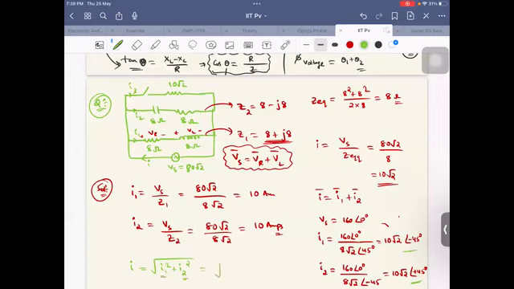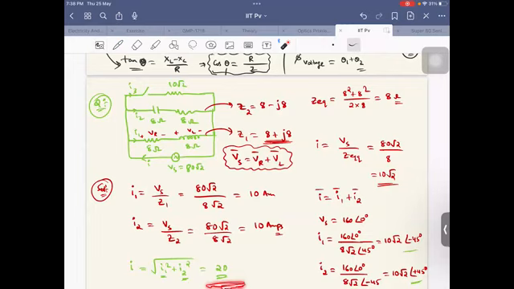So under root of 10 root 2 whole square plus 10 root 2 whole square. 10 root 2 into root 2 is 20. Sir, we got a wrong answer; here we got 20 and earlier we got 10 root 2. Is the answer we got wrong?